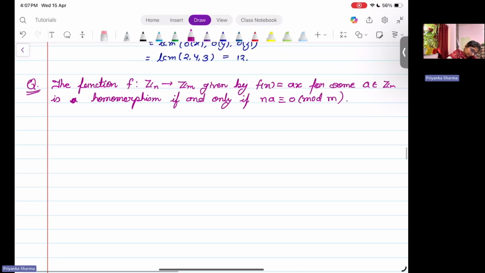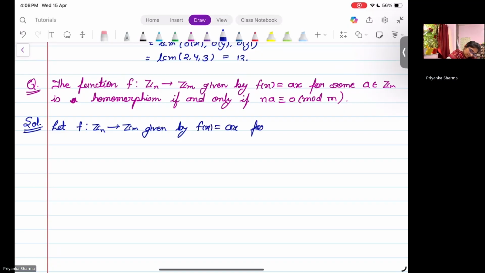So how to do it? First, let f from Zn to Zm given by f of x is ax for some a belongs to Zm be a group homomorphism.